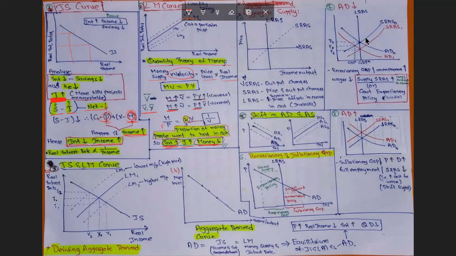And in the IS and LM curves, the intersection point is the optimal GDP or optimal real income, the output that the country should produce. And the demand curve is arrived at by using price. For understanding the demand curve, when price increases, the real income of people decreases, as we've seen in this case, how money supply has an effect upon the price factor.